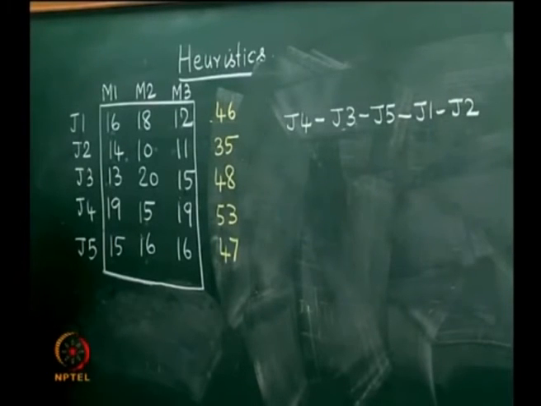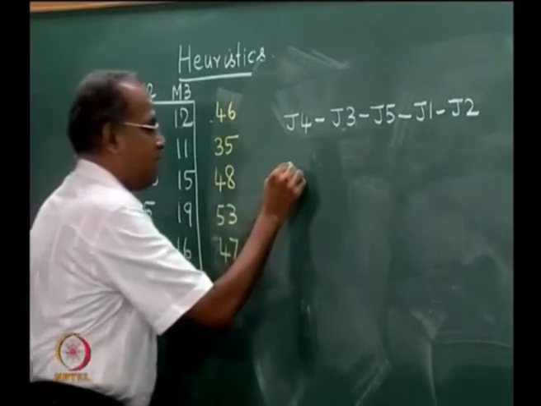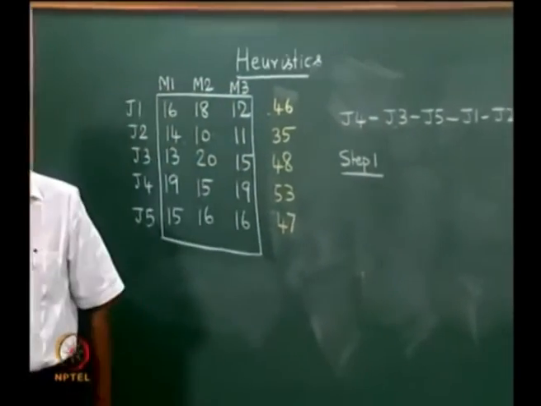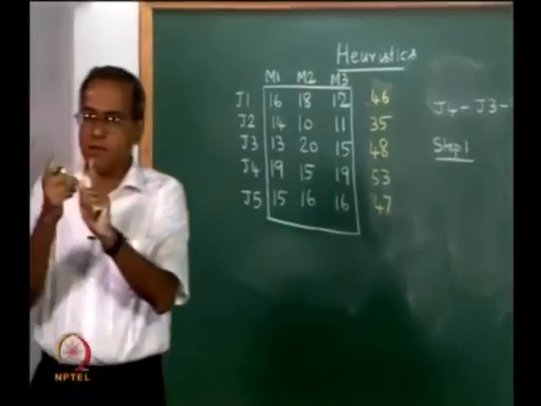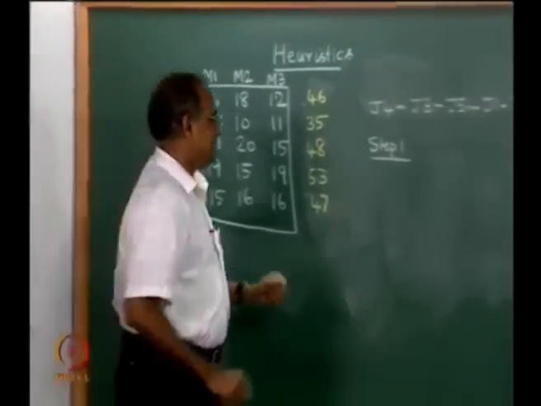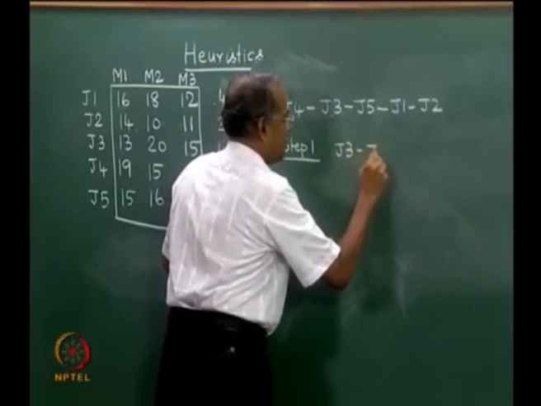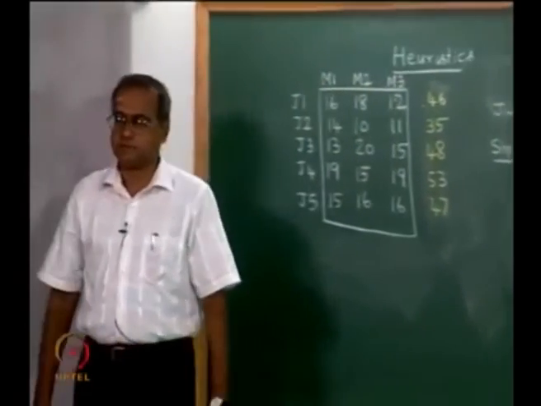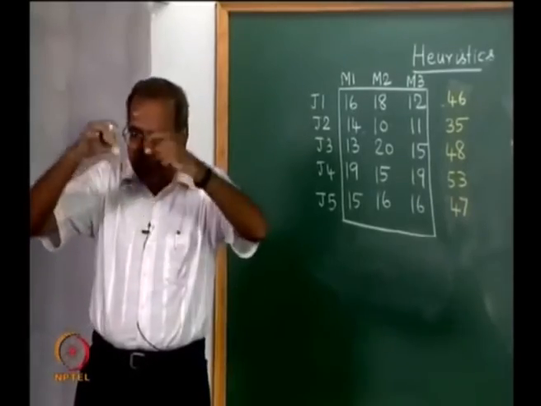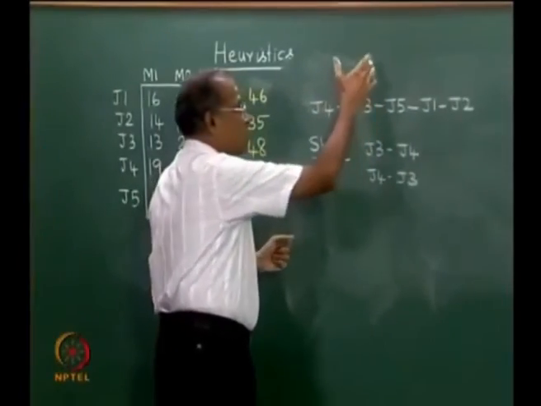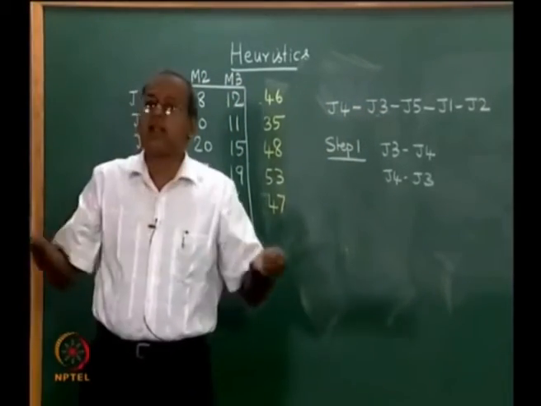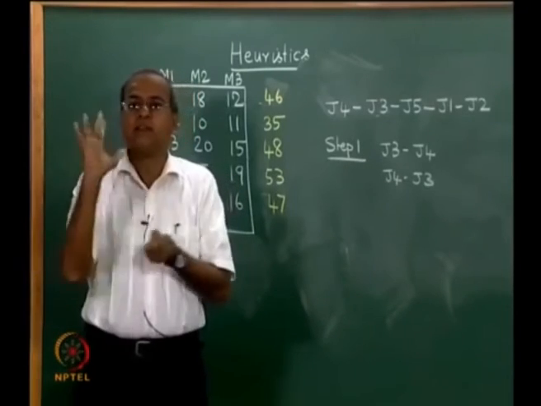Now, we take the first two of these, which are J4 and J3. So, step 1, take J4 and J3. J4 and J3 can be permuted in two ways, J3 J4 and J4 J3. When I say take the first two, we are taking J4 and J3, not necessarily in that order, not J3 following J4.